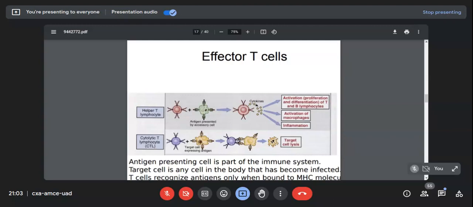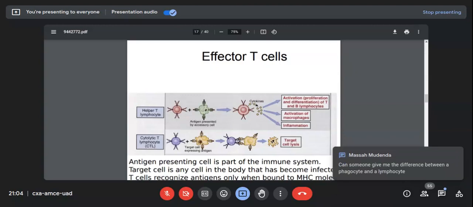But with antibodies, they don't present. The only thing that they can do is to opsonize. I don't know if you've seen the difference between the two. One is taking, the other one is just marking for you to come and take. All right, I get it. Thank you.